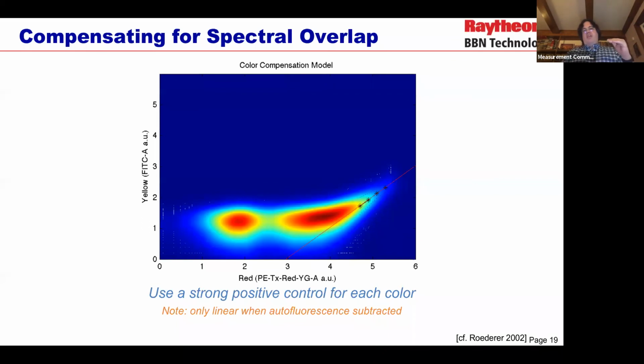So what we should end up seeing is that at low levels, it's flat because you're being dominated by autofluorescence and instrument noise. And then as you get to high levels of fluorescence, if there's a significant overlap, it's going to show up as a diagonal line with slope 1 coming up out of that bottom.